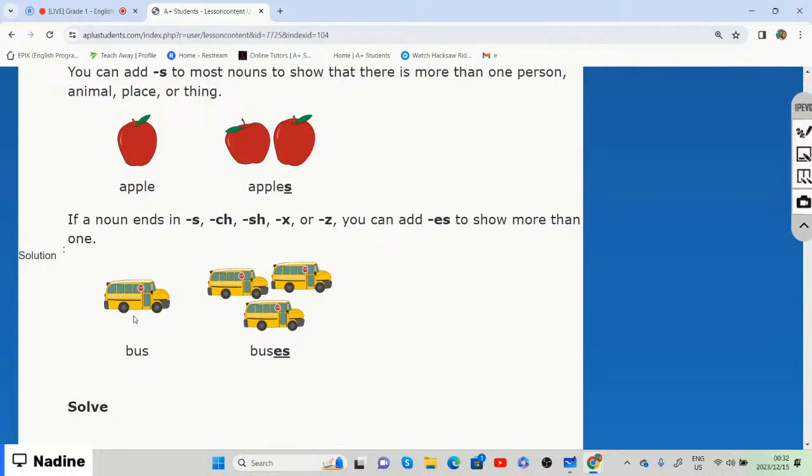For example, 1 bus, 1, 2, 3 buses, right? And we added the ES to that specific word.